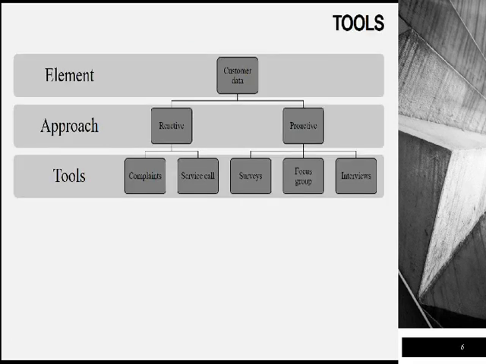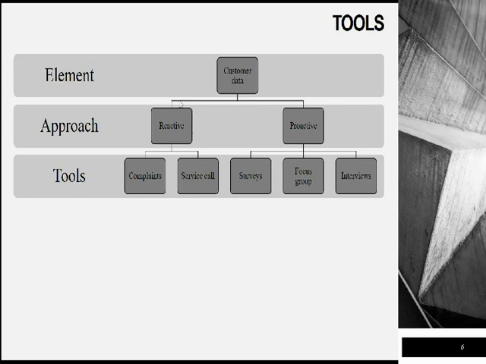Considering that we've already defined what VOC is and the customer structure, it is time to talk about how to get information from them. So here we have the customer data, and there are two approaches that we're going to talk about. First, the reactive way.